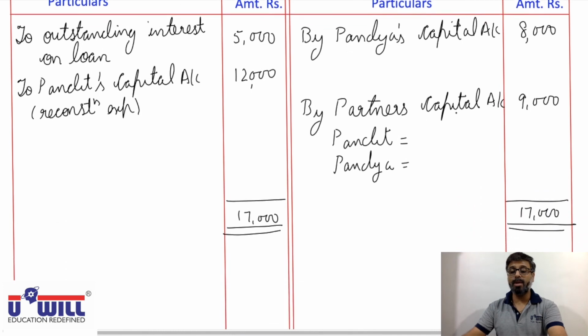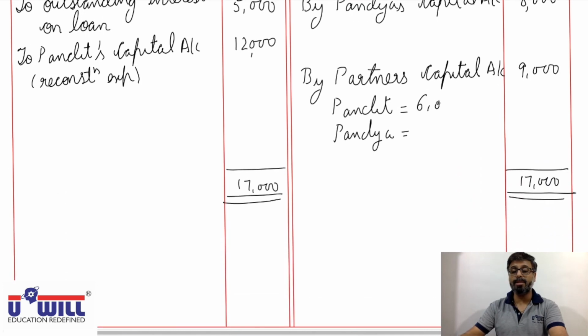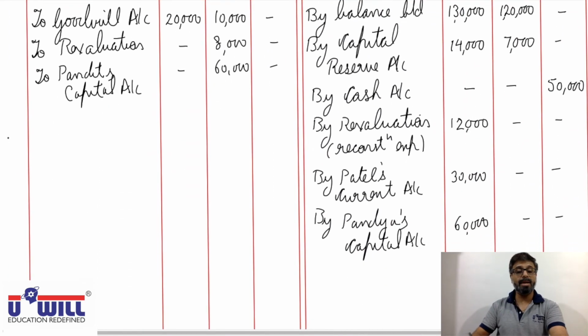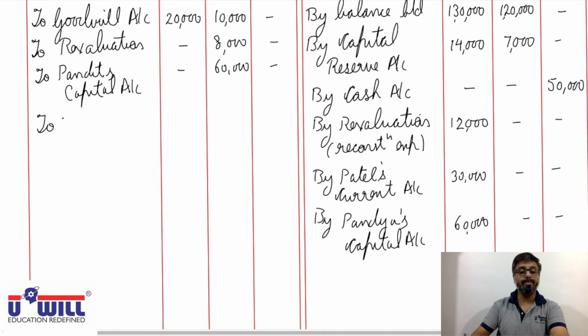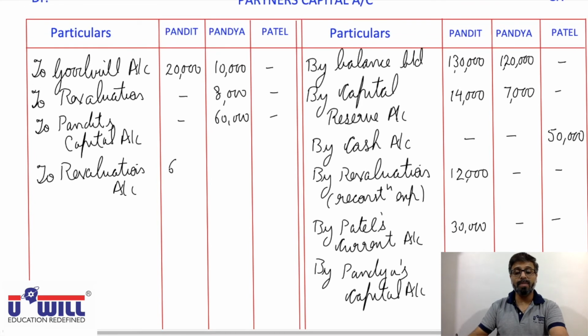So 9,000 into 2 by 3, 6,000. 9,000 into 1 by 3, 3,000. Opposite side in partners capital account to revaluation account. In Pandit's column 6,000, Pandya's column 3,000.